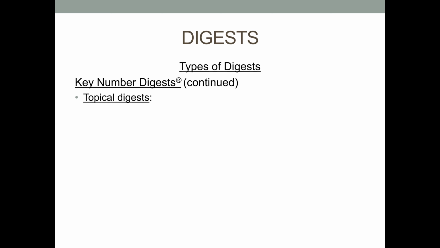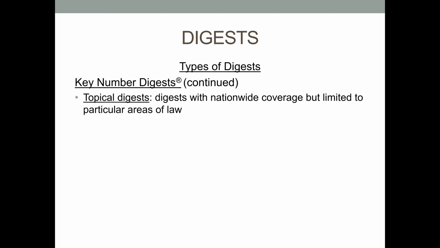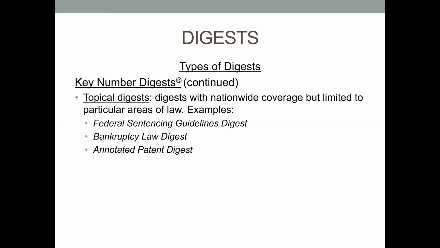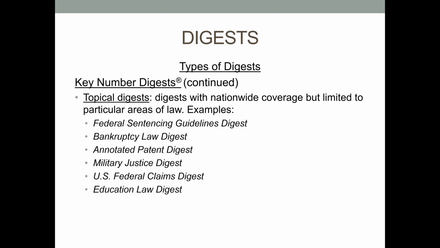And finally, the narrowest type of digest that West publishes is topical. They have national coverage, but they only deal with abstracts relating to a particular area of law, such as the Federal Sentencing Guidelines Digest, the Bankruptcy Law Digest, the Annotated Patent Digest, the Military Justice Digest, the U.S. Federal Claims Digest, and the Education Law Digest.